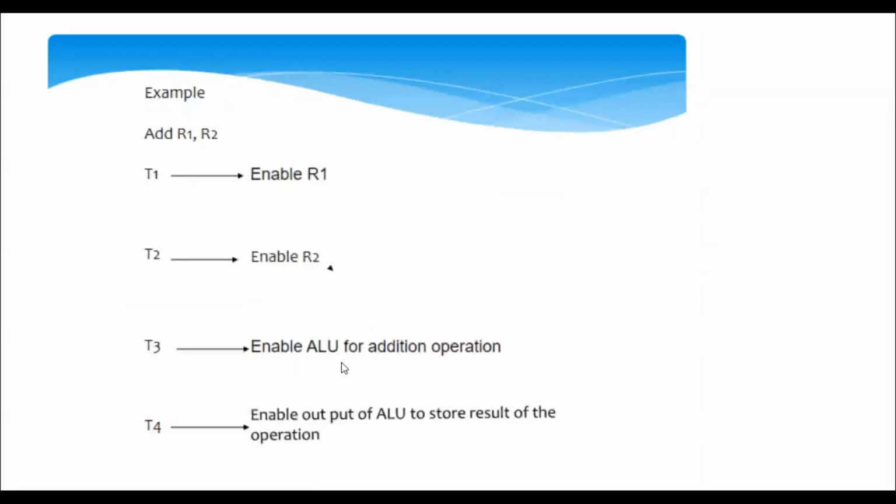So an example of operation of the CPU, for example, add R1 and R2. T1, of course, enables R1, and T2 enables the variable R2.